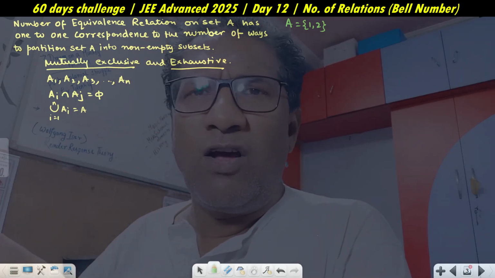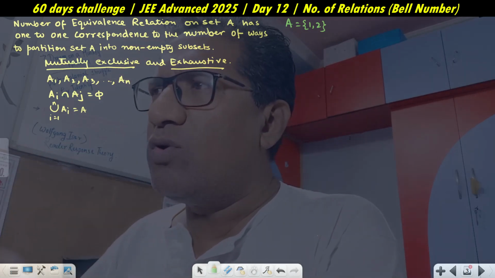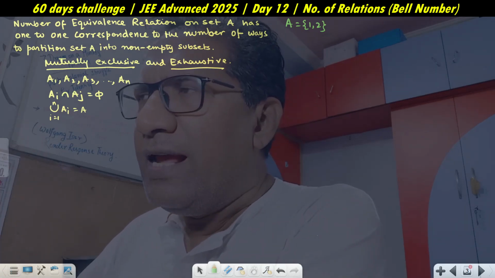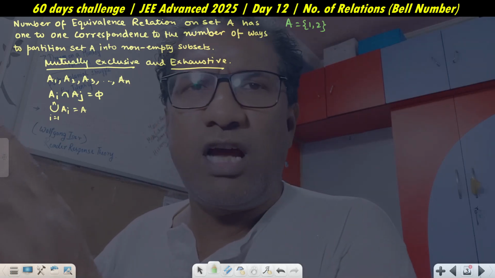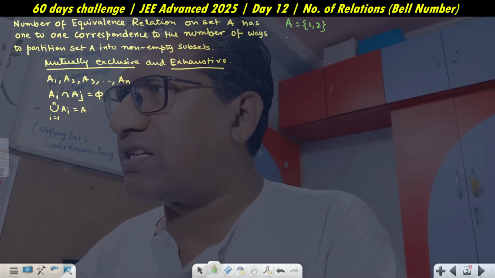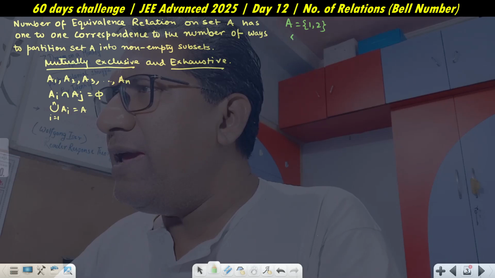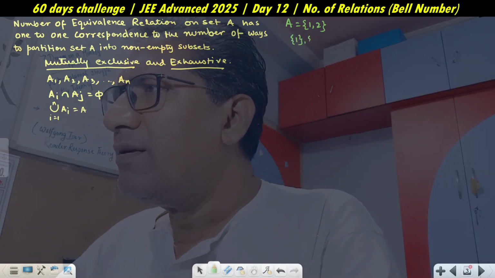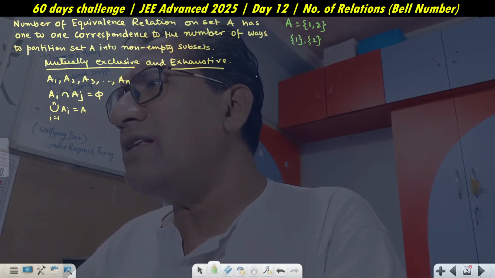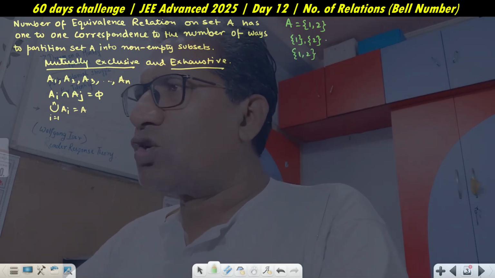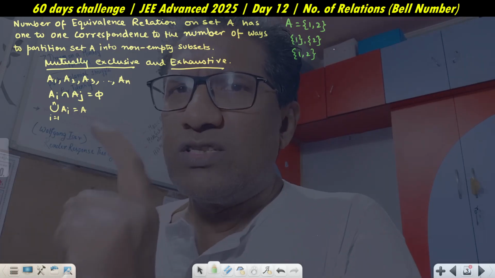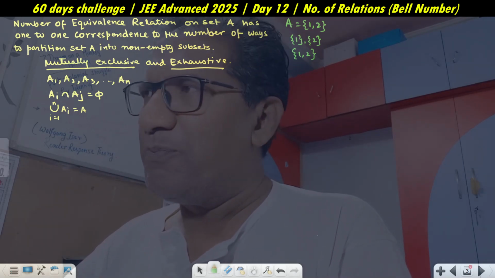How many partitions can you make of this set into non-empty subsets which are mutually exclusive and exhaustive? The partition can be like this or it can be like this. So there will be two such partitions.